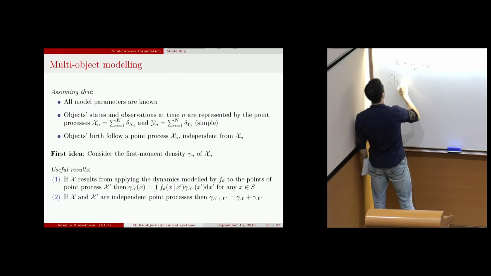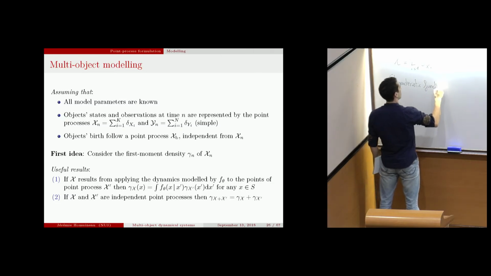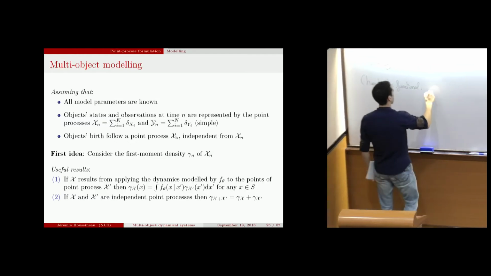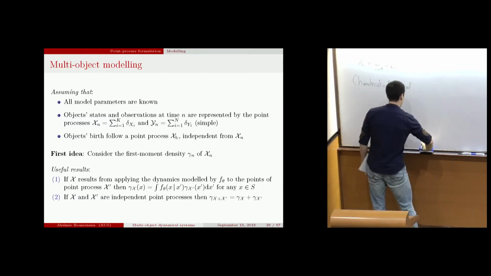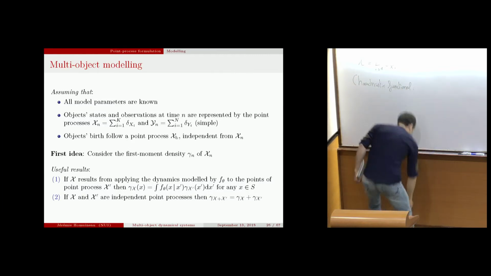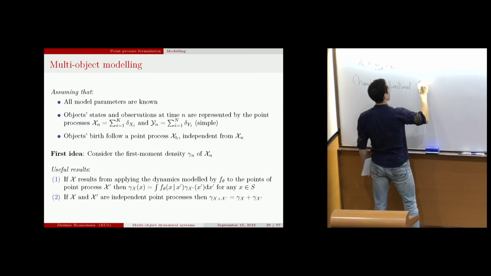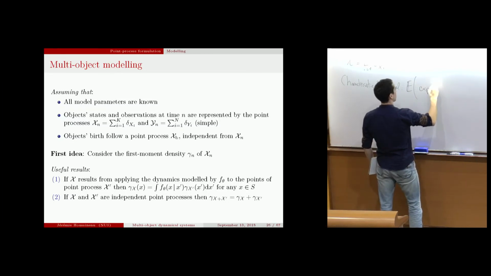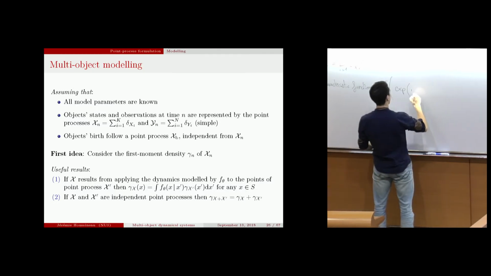If you look at the characteristic functional, I'm not going to define it, I'm just going to write the expression. You just take the expectation with respect to your point process. It's a general way to define the characteristic functional.